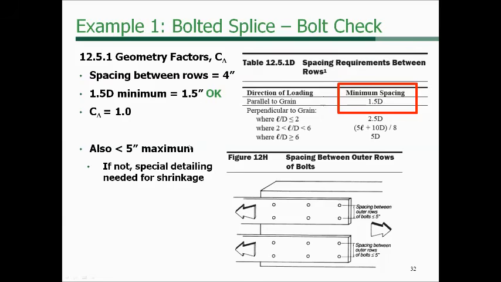But pay attention to some of the figures and text, because there's also a maximum spacing for outer rows of bolts in the NDS, and for wood members that's less than 5 inches. And so what that accounts for is shrinkage that can occur in these wood members. Let's say these are steel plates here on the side that are used in this particular fastener, and you've got a wood member behind there.